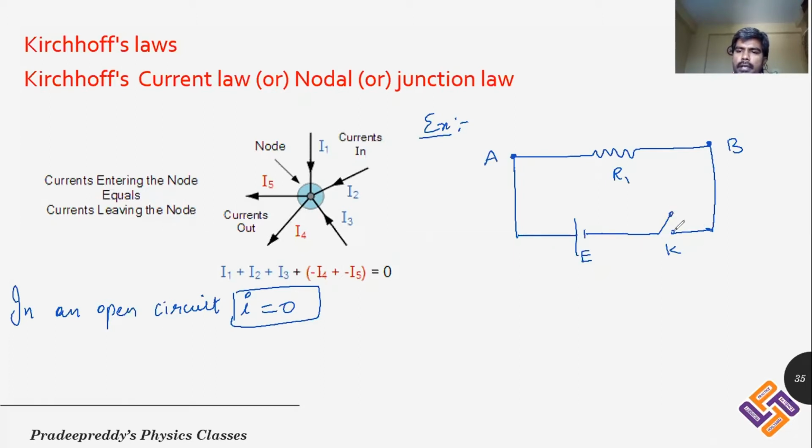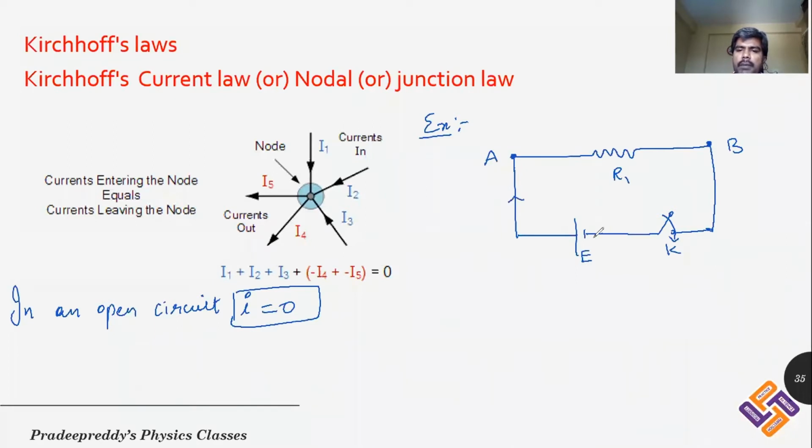Now you will be closing this switch. When you close this tap key, as the connection is made, current starts to flow in the circuit, and that current is in the conventional current direction.